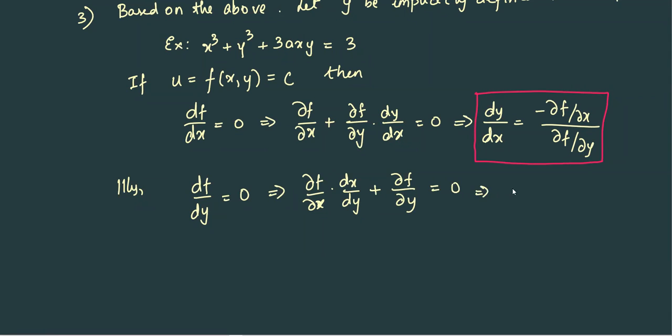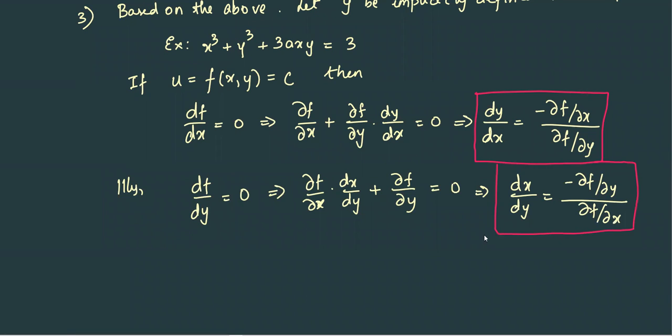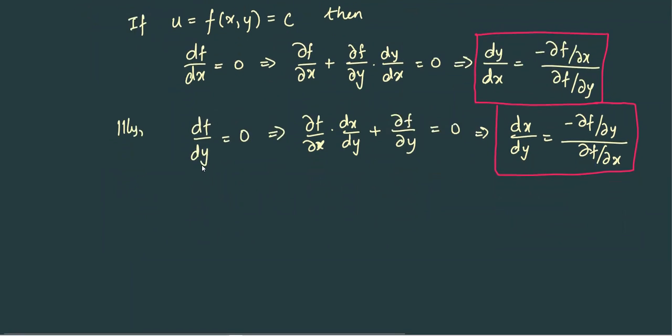So this gives us dx upon dy is minus dou f by dou y upon dou f by dou x. So these are critical results, very, very important results.